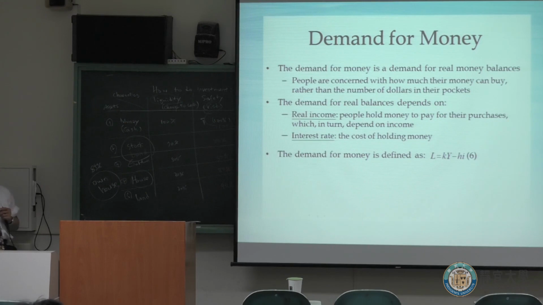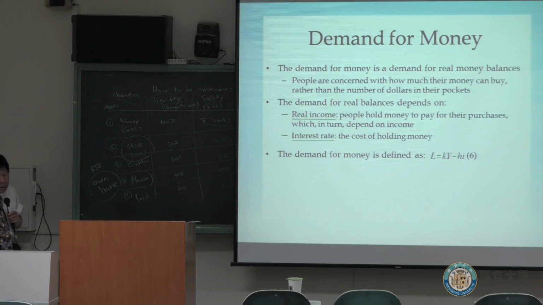Here we also mention the demand for money, the demand for real money balances, because people are concerned with how much their money can buy, rather than the number of dollars in their pocket. The demand for real balances depends on two things: one is real income, and one is the interest rate.